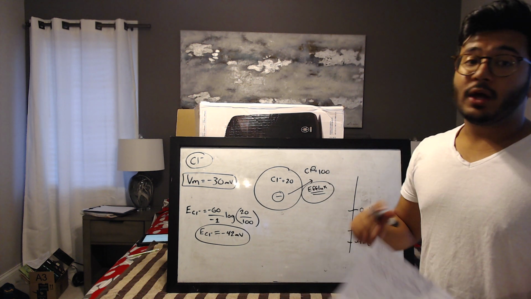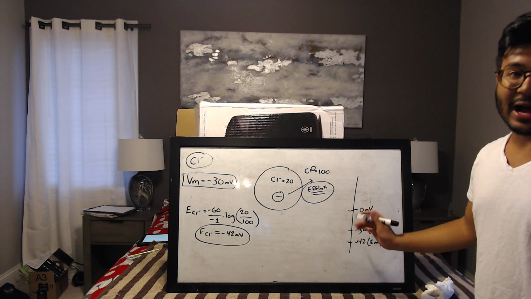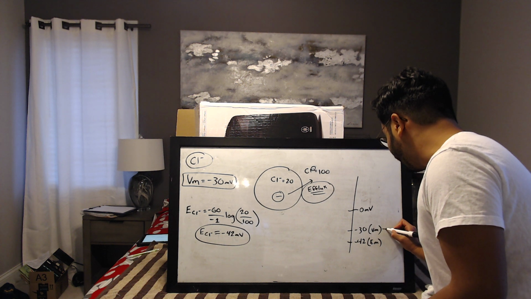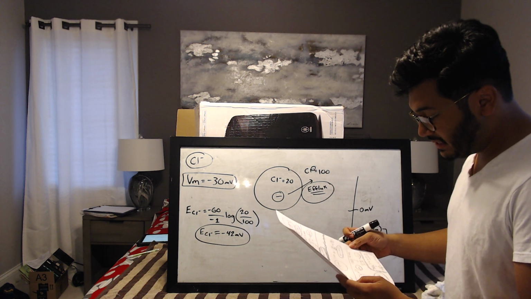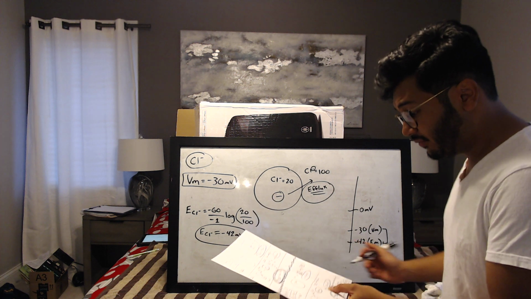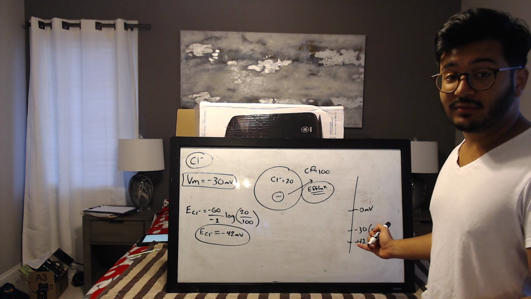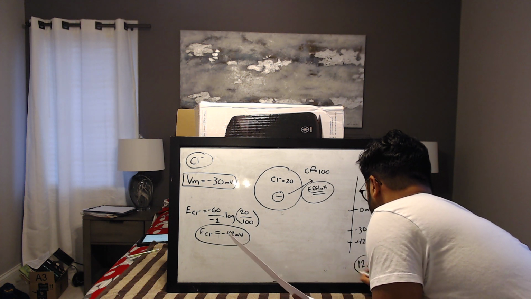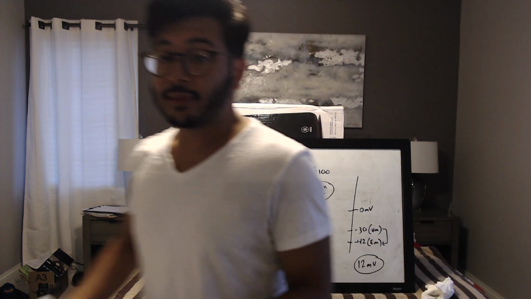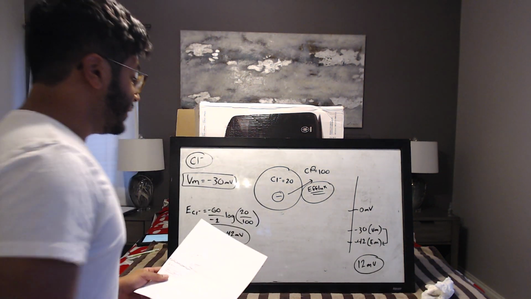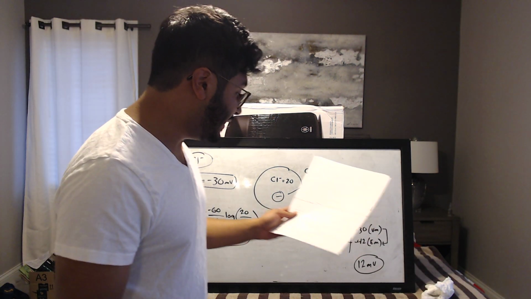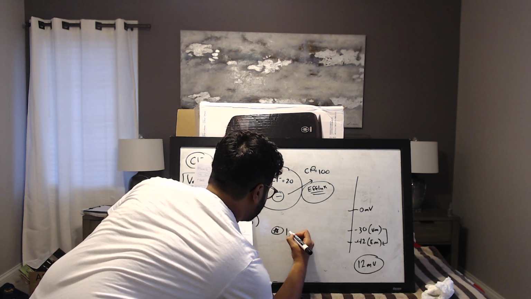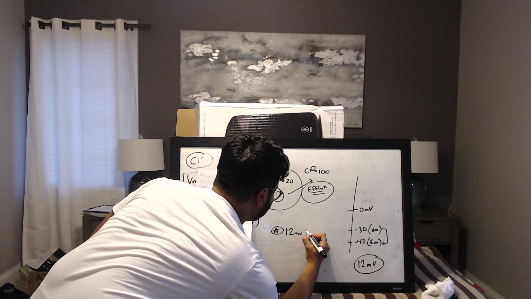So now what do we do? Same thing. You just count the number of boxes between the two, and in this case, from your VM to your EM, it's going to be 12, right? Because from negative 30 to negative 42 is just going to be 12. So 12 millivolts is going to be your magnitude for that, and the answer that you're going to get is 12 millivolts of efflux.